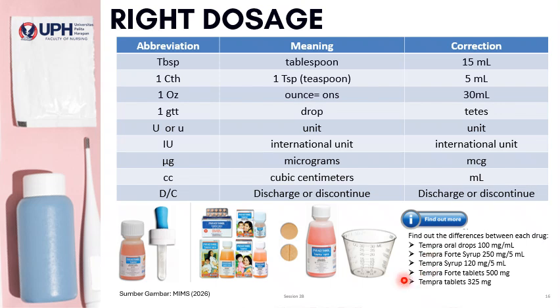Now you see here we have different types of the same drug. They have the Tempra drops, the Tempra syrup, a bigger one and a smaller one, and here the tablet as well. Here is also an example of a syrup.